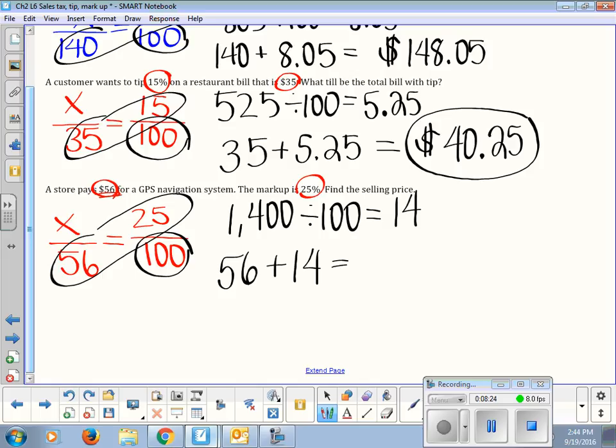When you add that together, we get 70. So the store is selling it for $70. So let me ask you guys this. Every GPS that the store sells, how much of a profit are they making on each GPS? 14. That markup is how much they're earning for each GPS.